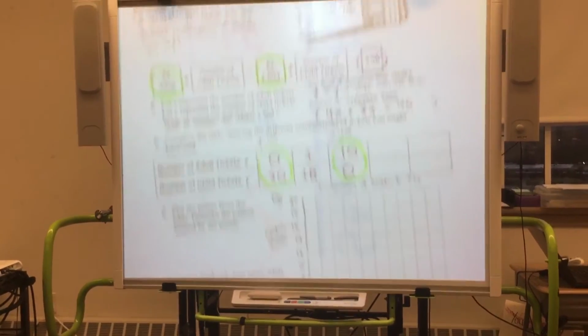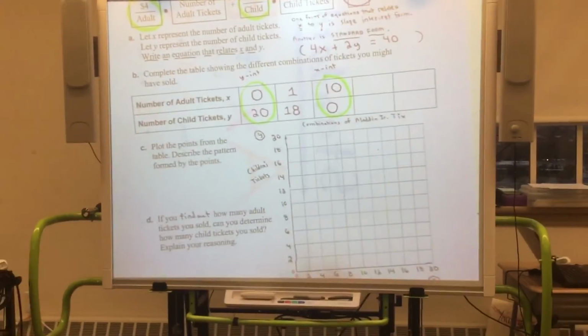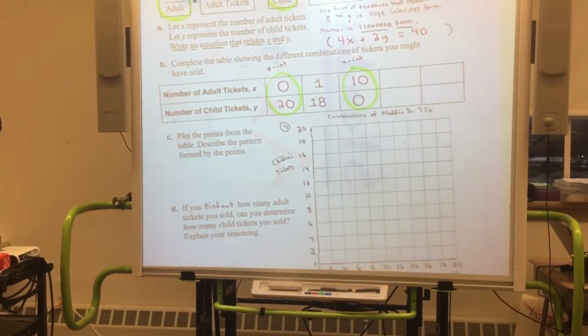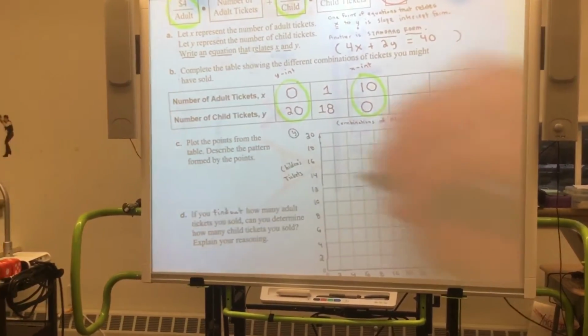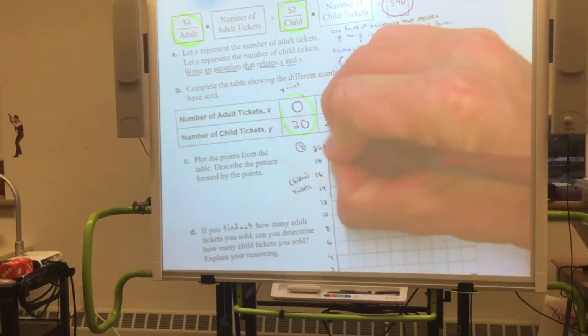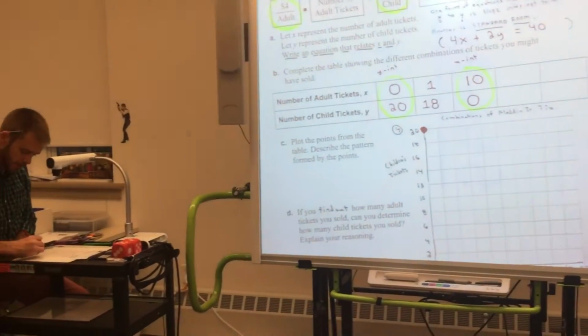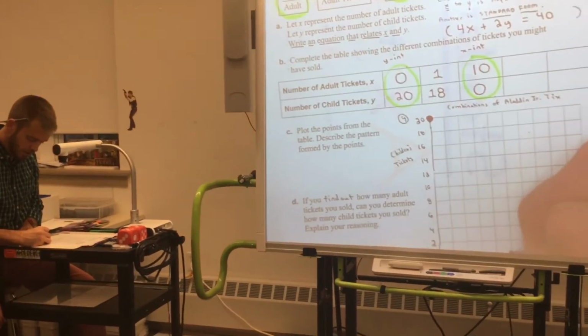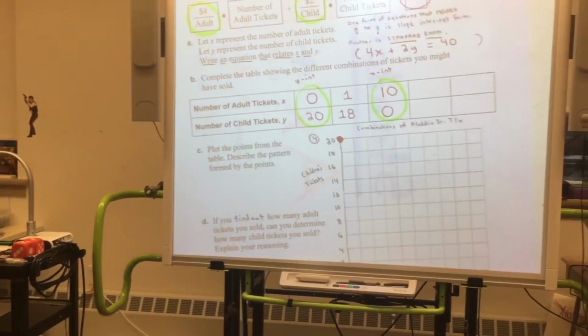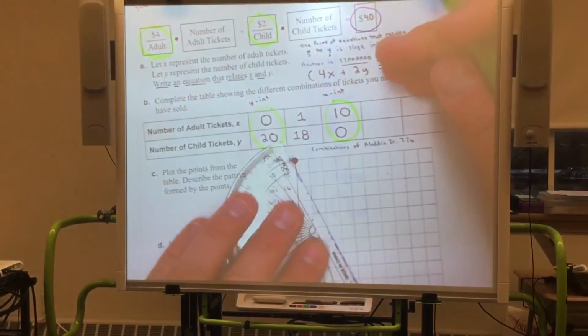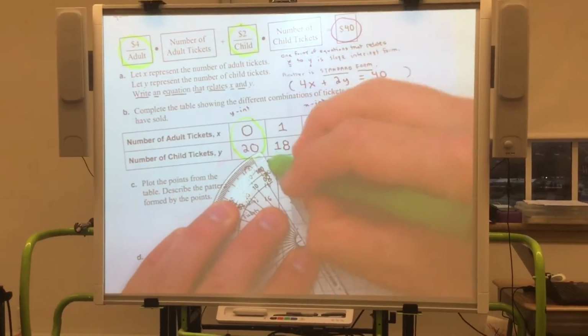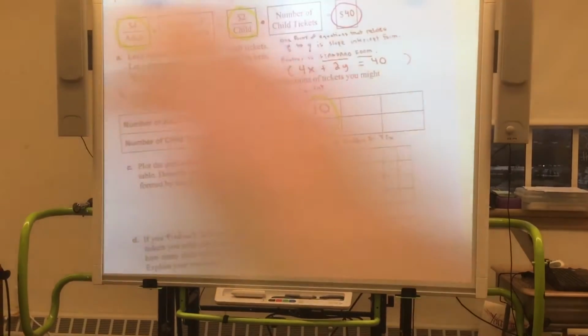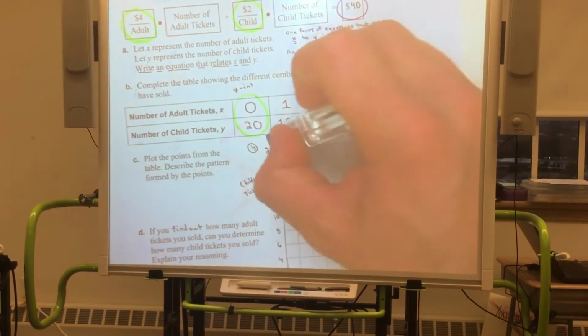So, plot the points from the table. I have 3 points like I should. I'm going to plot 0, 20, way up here. I'm going to plot 10, 0 down here. I'm going to connect my line. Okay. In this case, it's going to be a line segment actually.